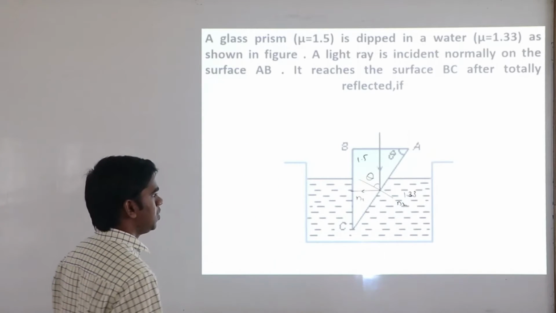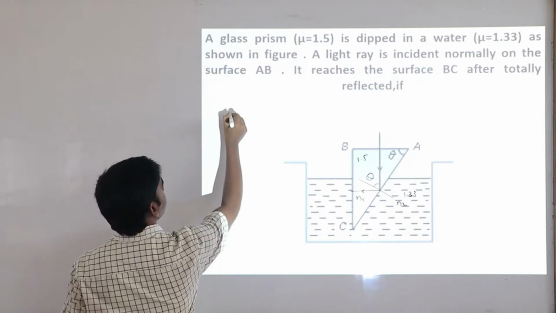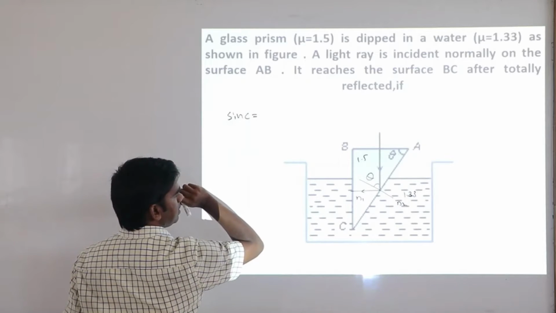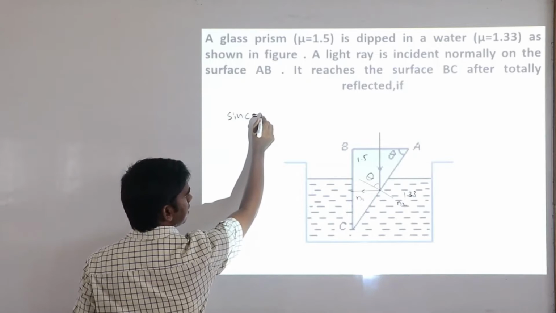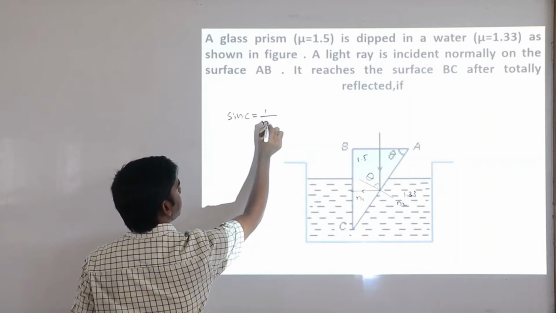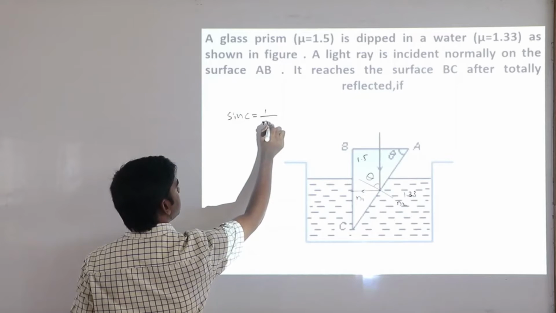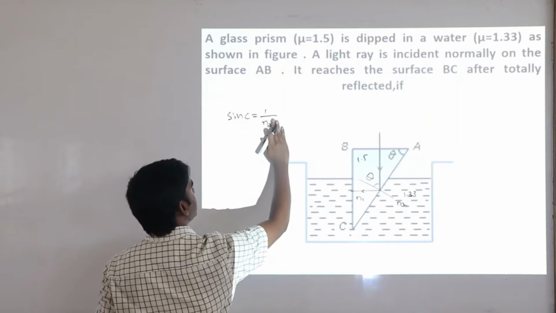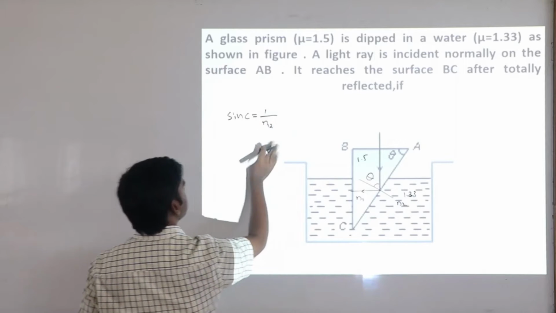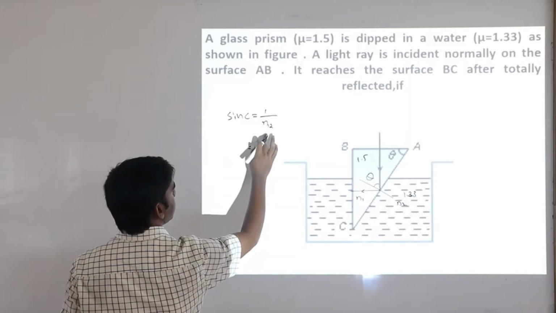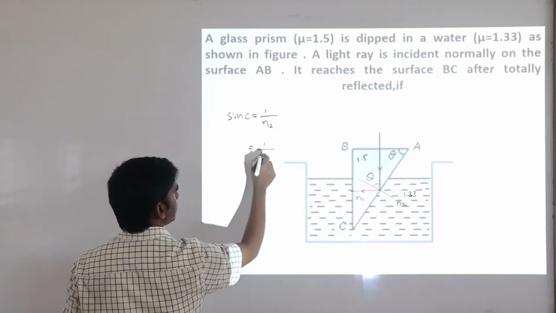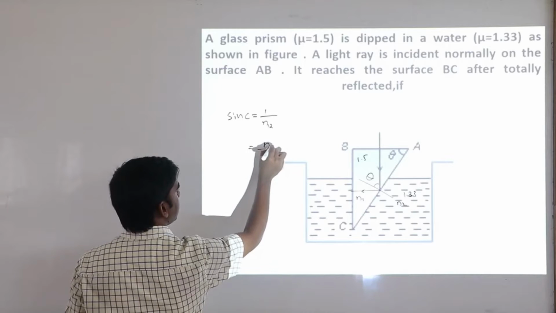Now we know that for the critical angle, sin C equals 1 divided by the refractive index of the first medium with respect to the second medium. So I can write it as 1 divided by n1 by n2, which is n2 by n1.